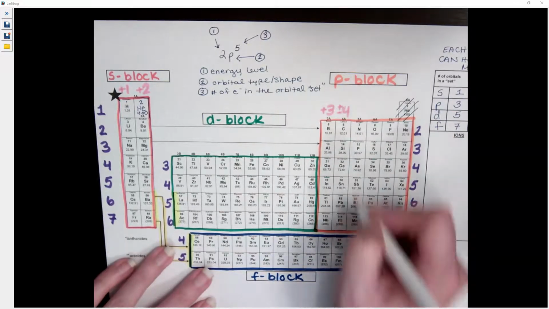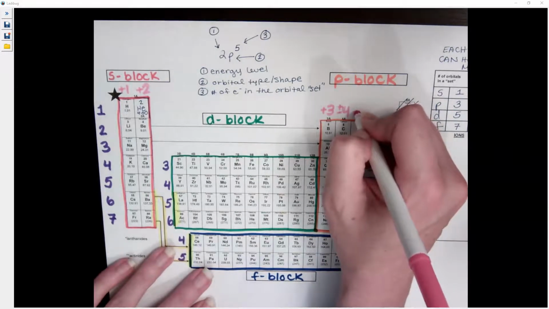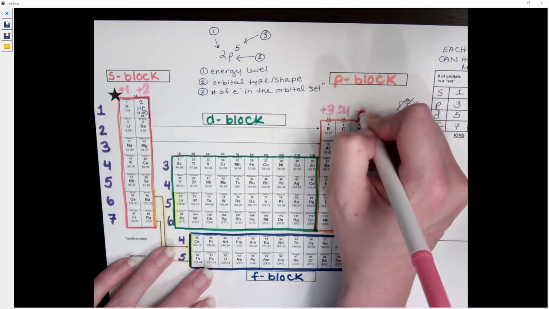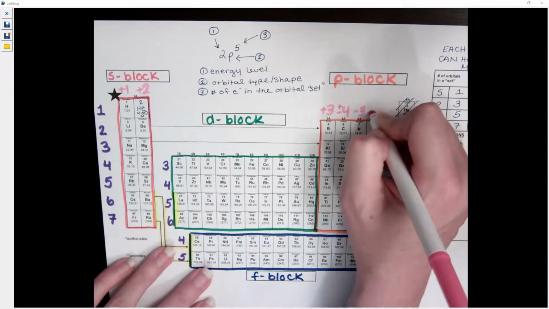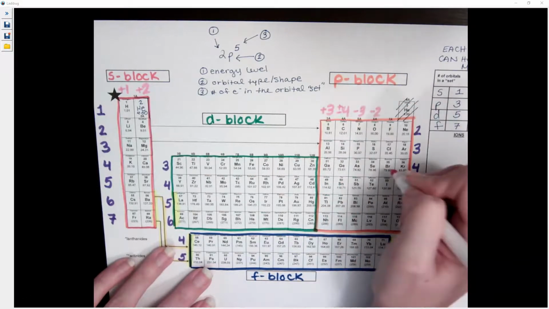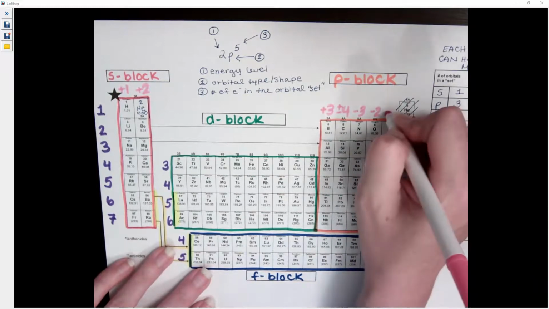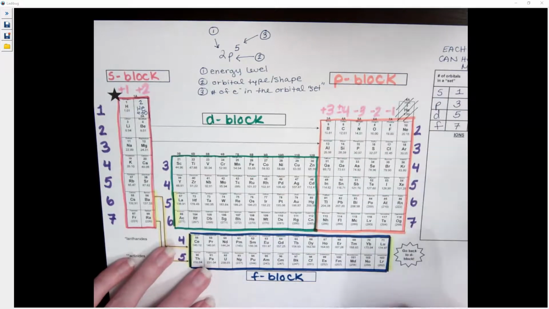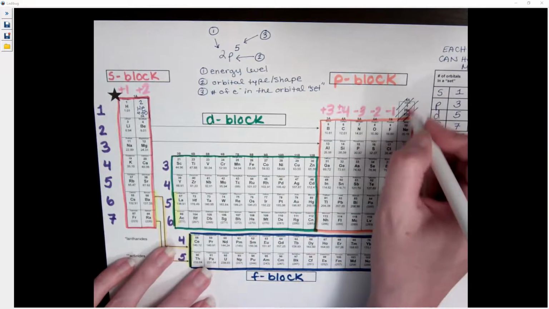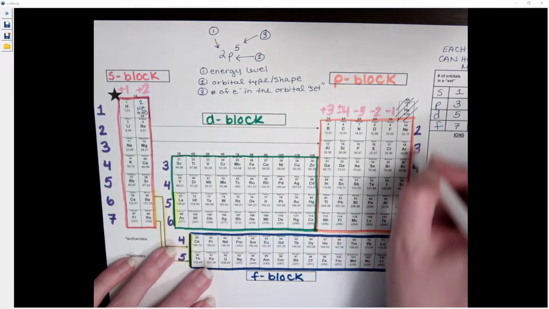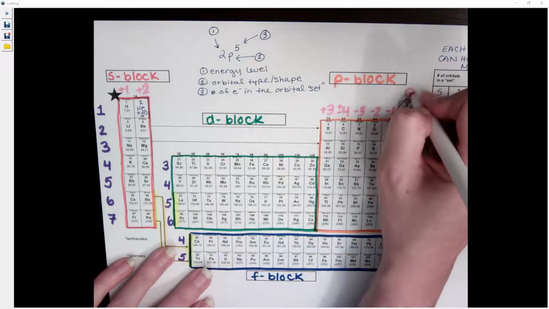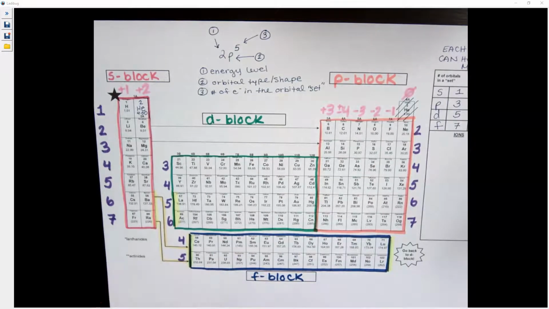Nitrogen's column likes to make a -3. Oxygen's column likes to make a -2. Fluorine's column likes to make a -1. And if helium were here, it would be part of the noble gases, and everything in that column doesn't like to make a charge.